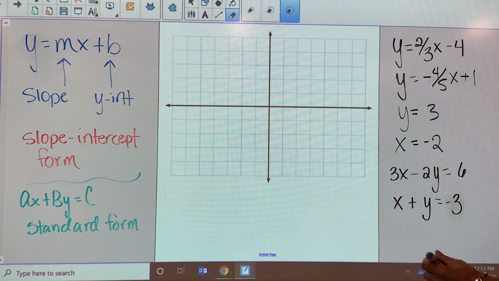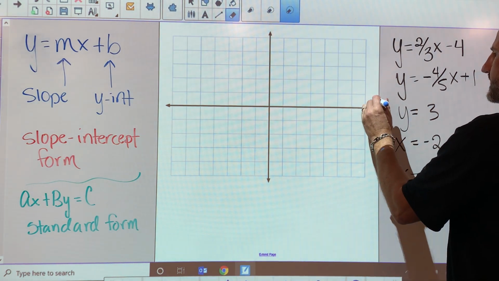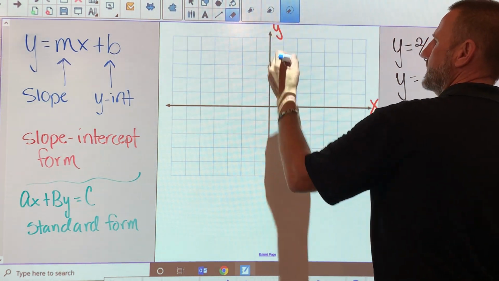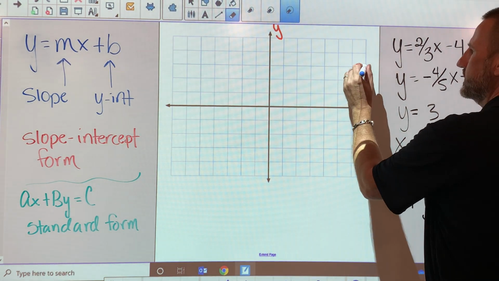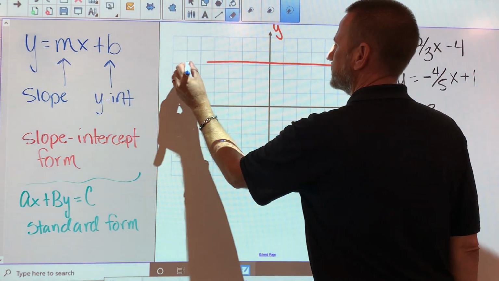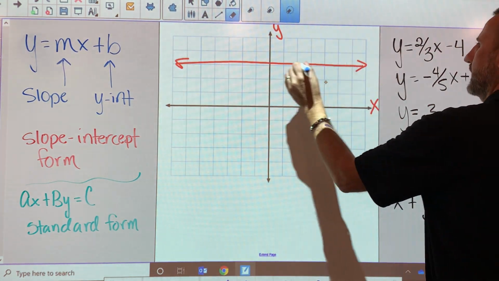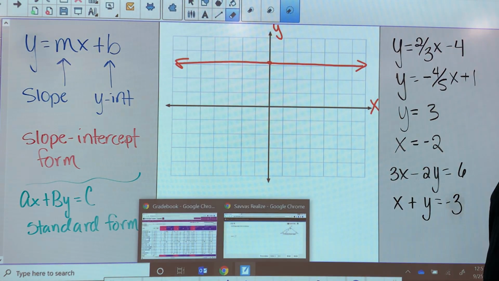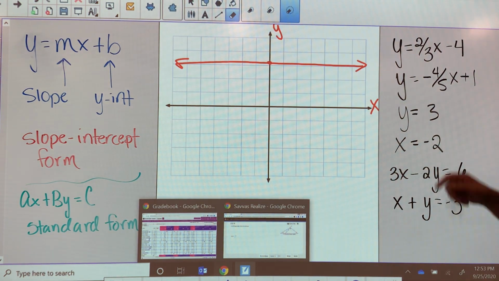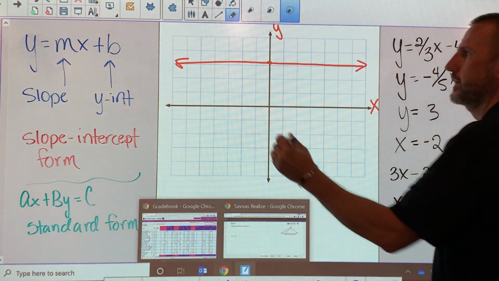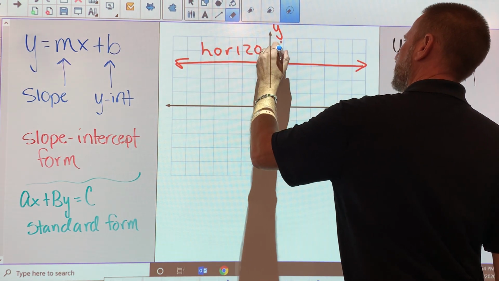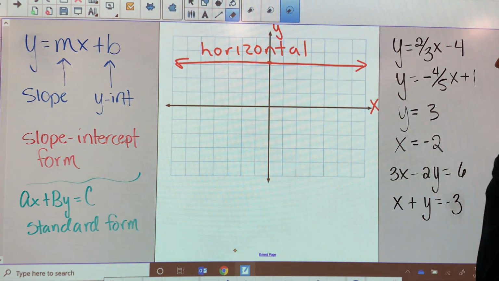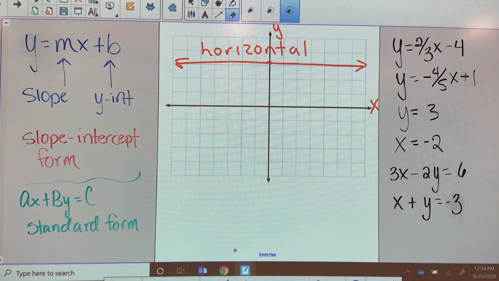Well, this is the x-axis, and this is the y-axis. And I just need to cross the y-axis at the number 3. And it looks like this. And I cross at 3. And that's called a horizontal line. So if it helps you, we'll just write it down, horizontal. And it goes across the page.